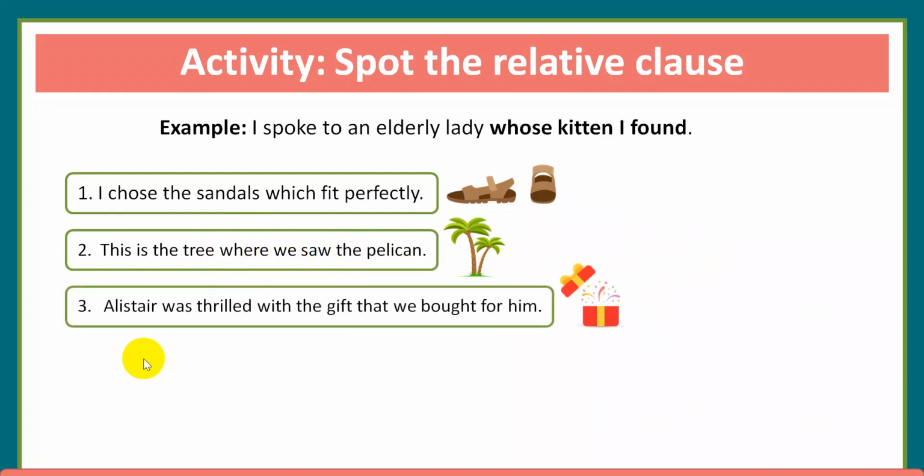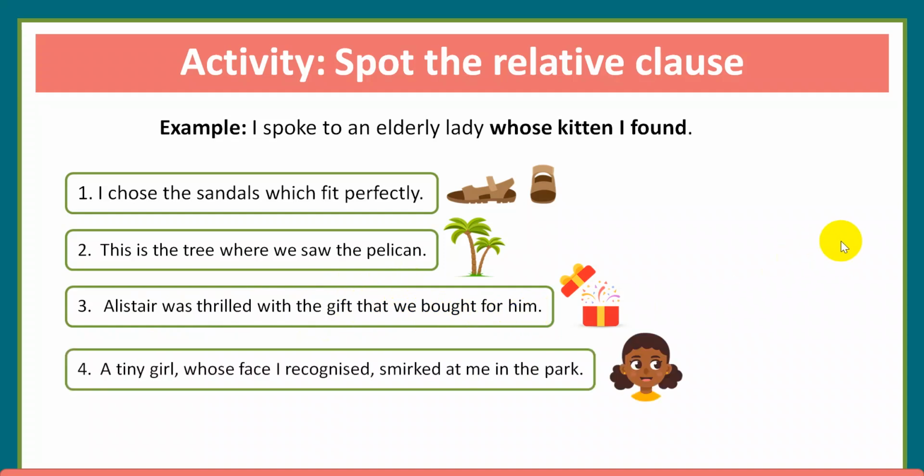Number 3. Lester was thrilled with a gift that we bought for him. "That" is the relative pronoun, and "we bought for him" is the relative clause. Number 4. A tiny girl whose face I recognized smirked at me in the park.